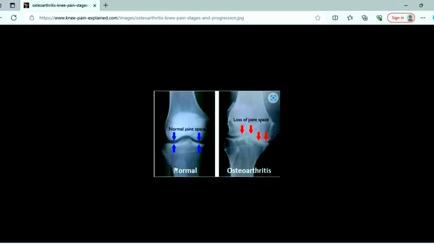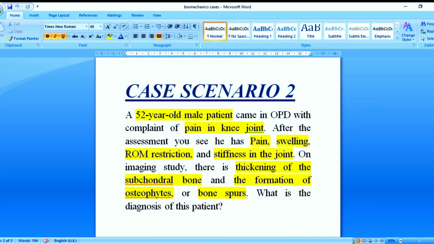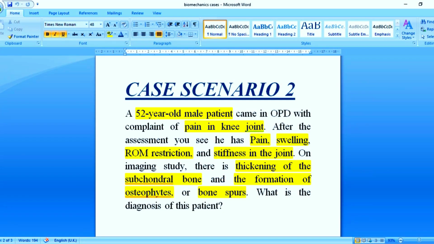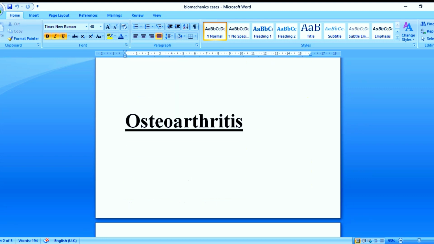This is the simplest case scenario you will see in your career, in your degree, because we cannot complicate these conditions. So our diagnosis is osteoarthritis.